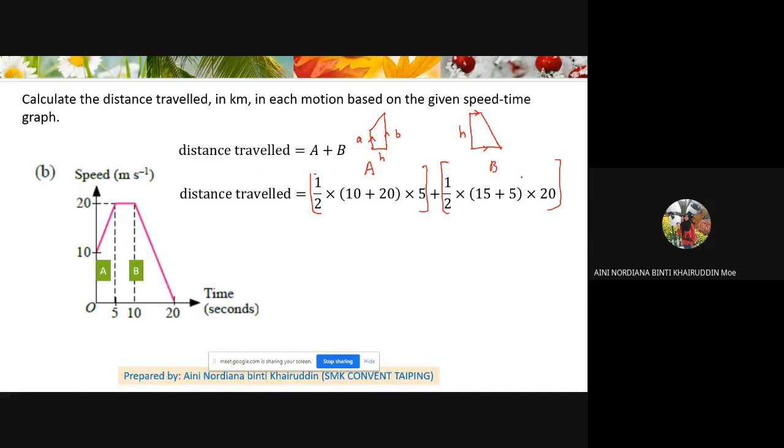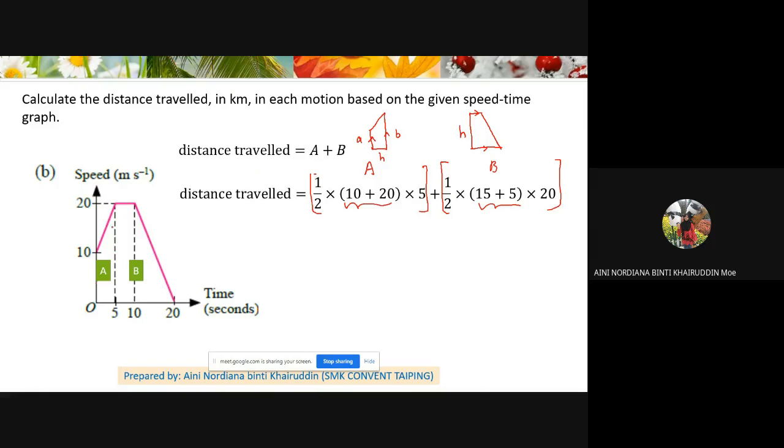Boleh tak? Sebab tadi I ajar, diorang confuse ni. Yang ni kenapa guna value of X axis, kenapa yang ni guna Y axis? Sebenarnya tak kisah pun. Asalkan you gunakan diagram tu. Macam mana nak identify? Tengok dua garisan yang lurus.